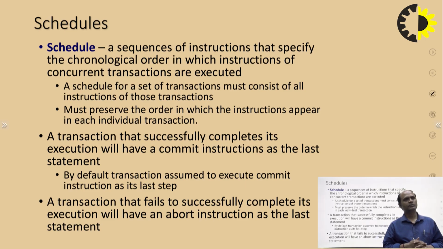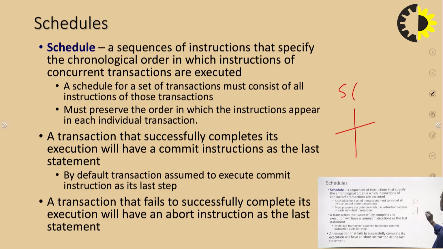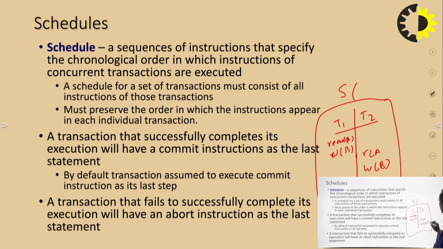What do you mean by schedule? Suppose we have some schedule S, with T1 and T2. In T1 we have some data items: read, write, read, write. This whole box is called one schedule.